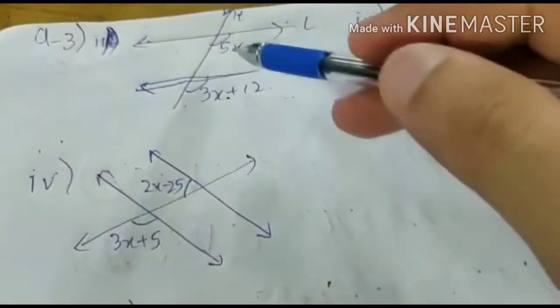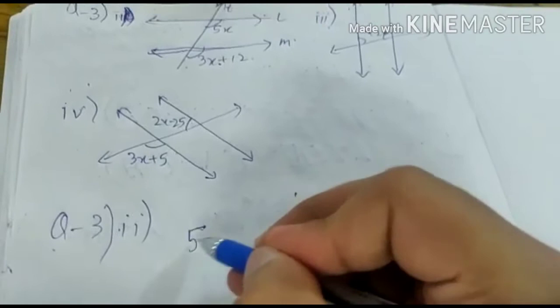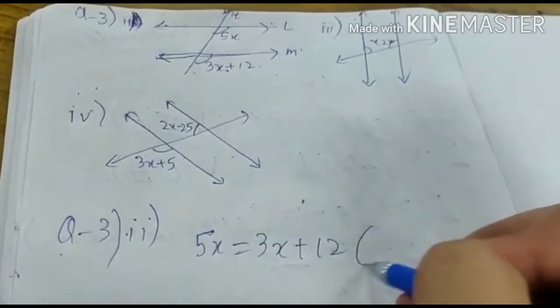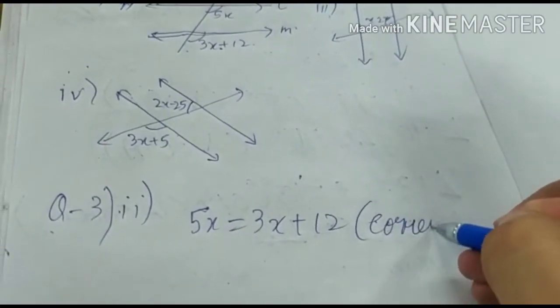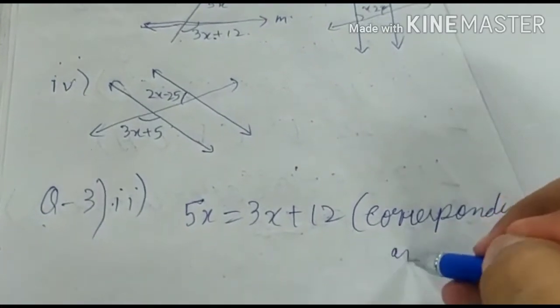So these both are corresponding angles. So we will directly write 5x equals to 3x plus 12. We have to give the reason also: corresponding angles.